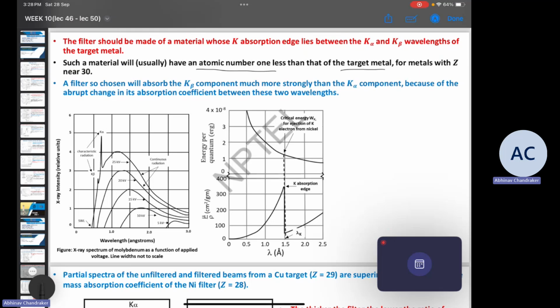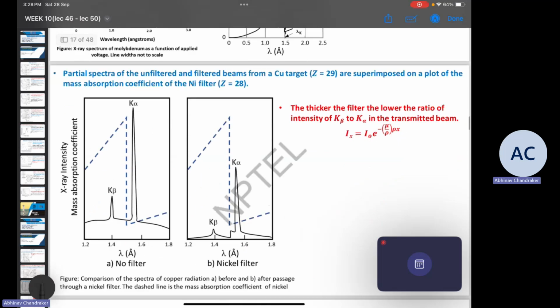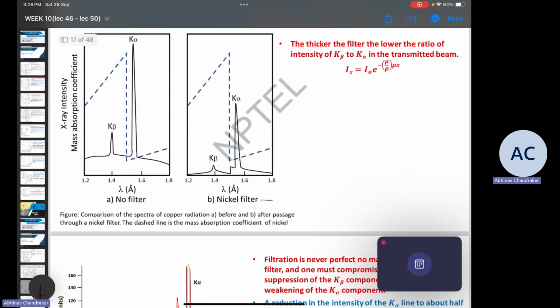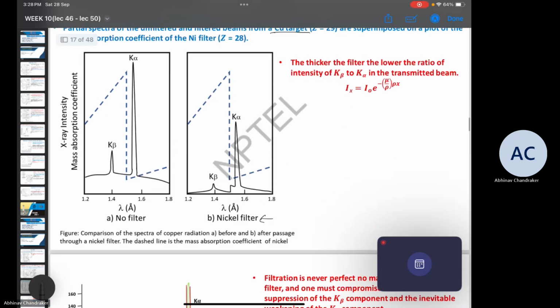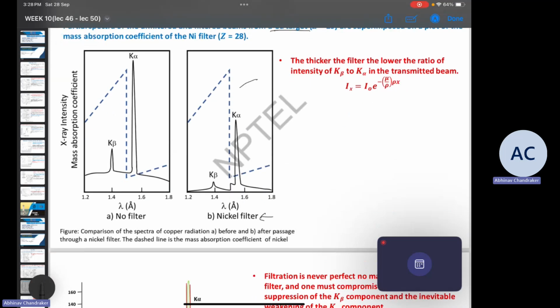So if the filter material has an atomic number one less than the target metal, then usually the filter material will be able to absorb some of the X-rays coming from the target material. For example, in this case, we have a nickel filter, or I think a copper target, and the K absorption edge of nickel is just a bit lower than the K alpha of copper.